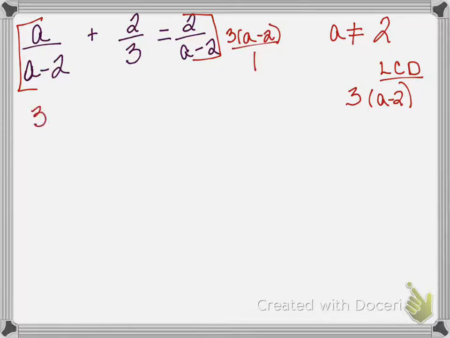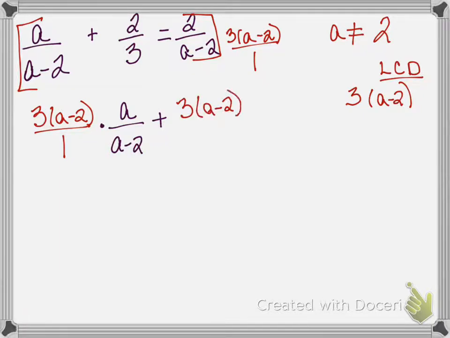So I have 3 A minus 2 over 1 times A over A minus 2. 3 A minus 2 over 1 times 2/3.